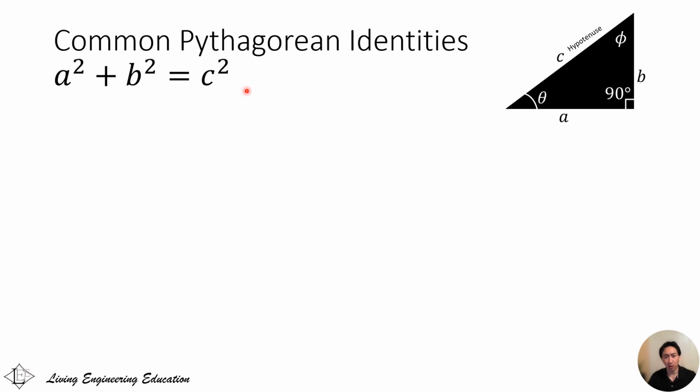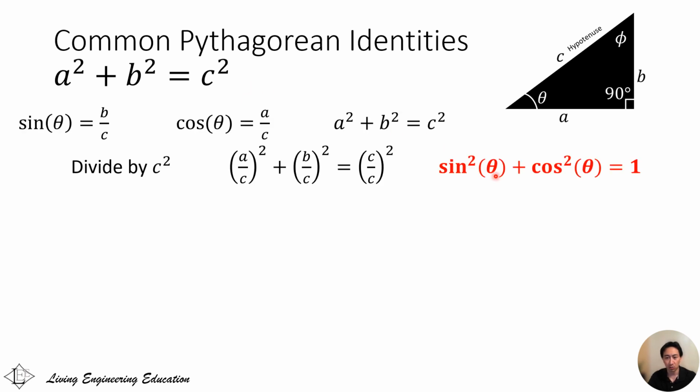And this is probably the one I use the most often: sine squared plus cosine squared of the same angle is equal to 1. This shows up a lot in a variety of derivations, and it allows you to drop terms out. A lot of times you have something multiplied by sine squared plus cosine squared, and then this term will drop out, which simplifies things quite a bit.